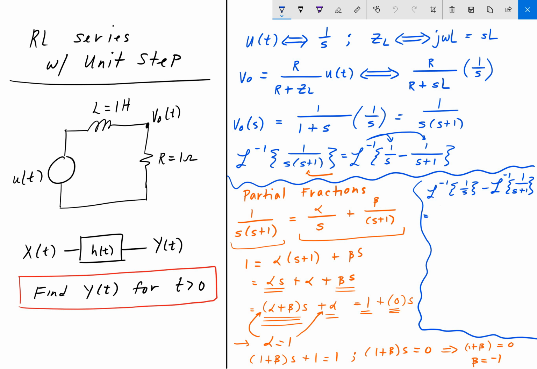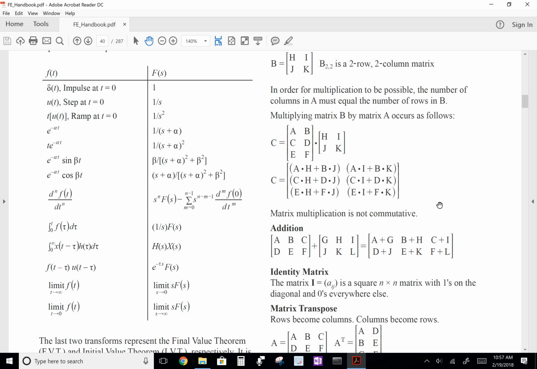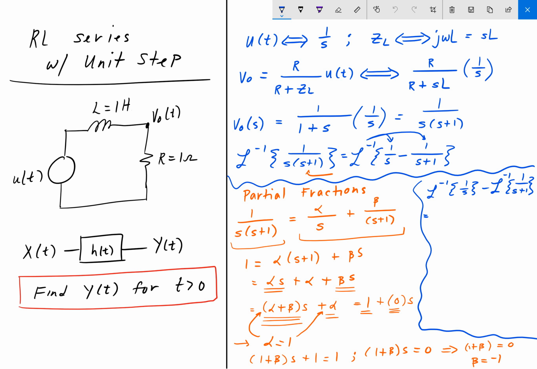So if we look and find the inverse Laplace of 1 over s, we see that here's 1 over s. It is the unit step function. So that's u of t. Minus the inverse Laplace of 1 over s plus 1.